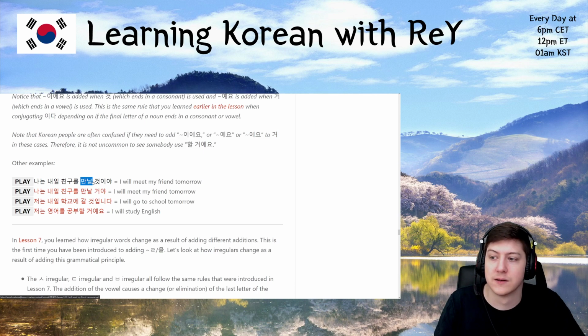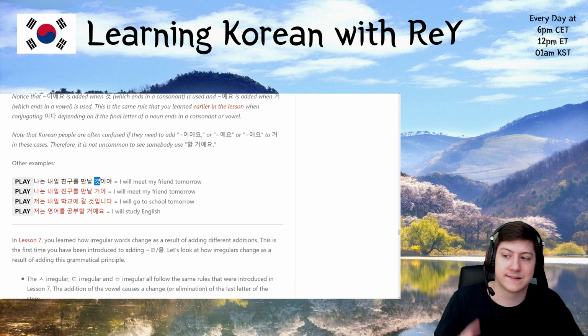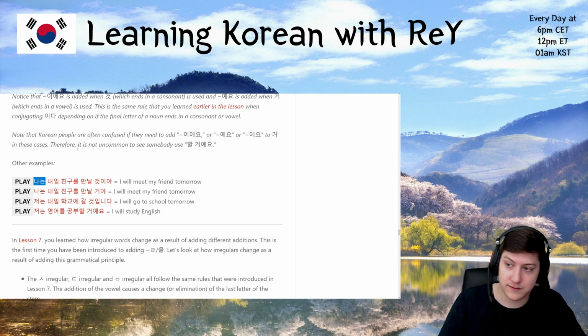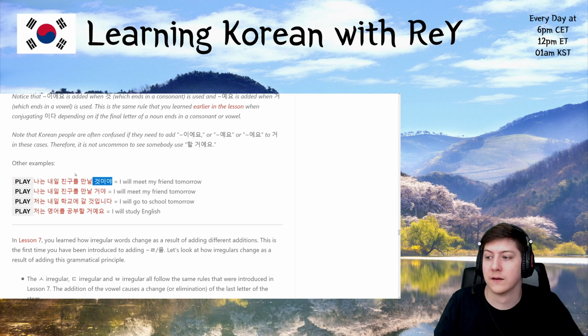So manal. And then here we have the thing. So yeah, I am. So I, verb at the end of the sentence. I am the thing that will meet my friend tomorrow.